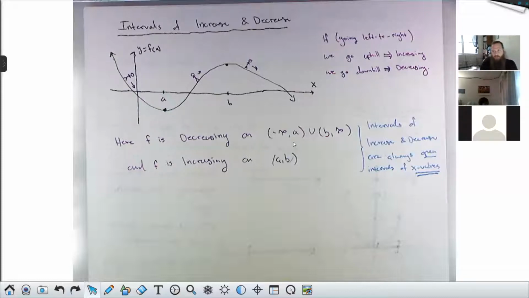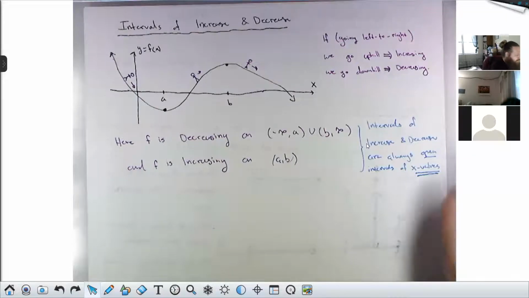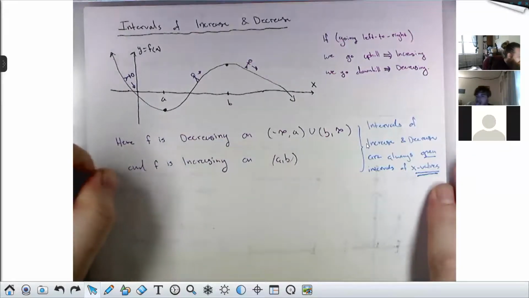And you've seen that when you solve strict inequalities, you always get open intervals. Well, that's why. That's why you get open intervals for increasing and decreasing, because that related inequality is a strict inequality. And we'll see that about halfway through Calc 1 next semester. We do need the technical definition here, though, so let me share that with you.